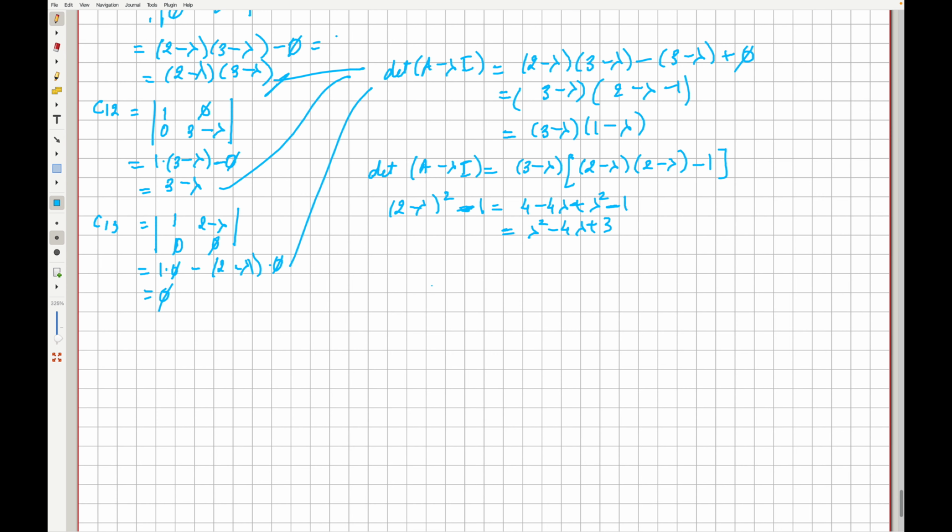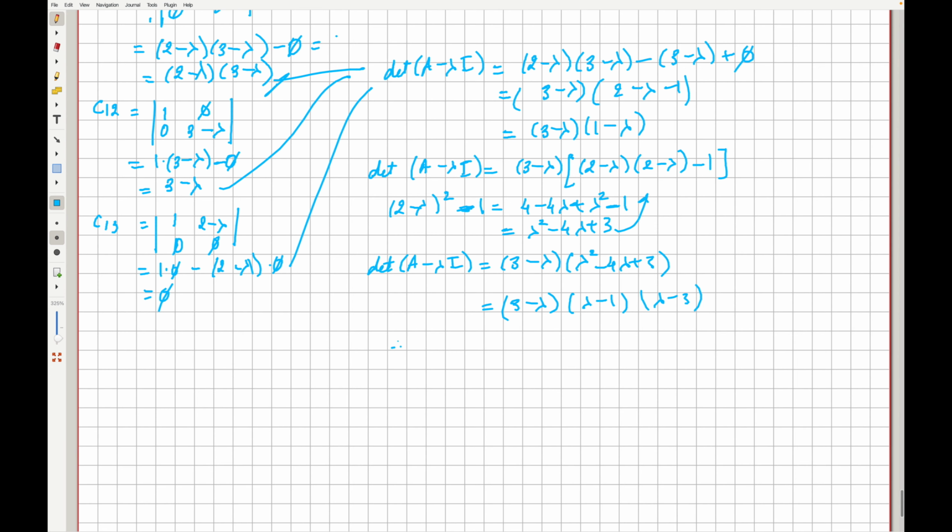And so plugging that back in, what we get is the determinant of A minus lambda I is equal to 3 minus lambda times lambda squared minus 4 lambda plus 3, and that is equal to 3 minus lambda. If we try to get the factors for this, we get lambda minus 1, lambda minus 3.